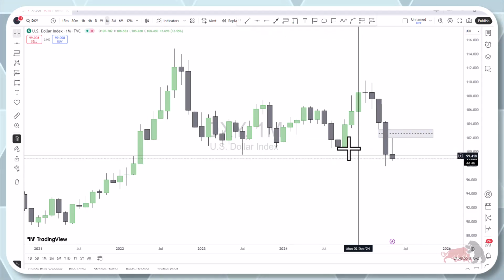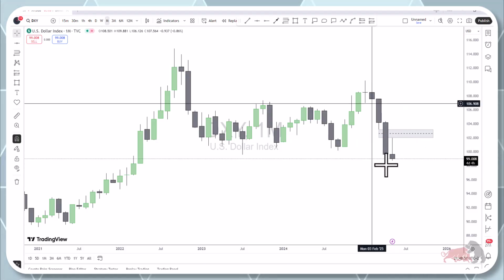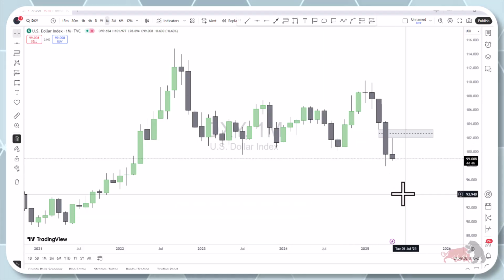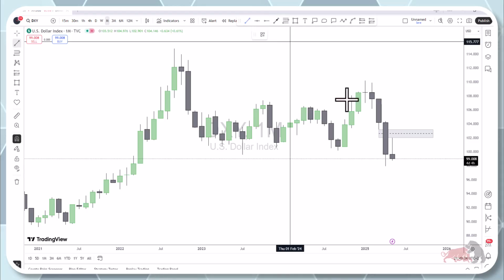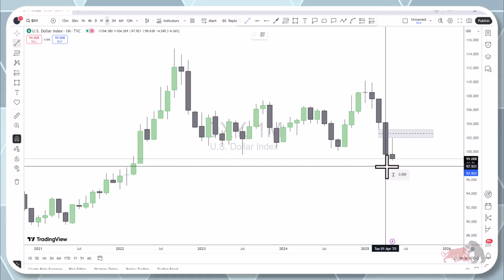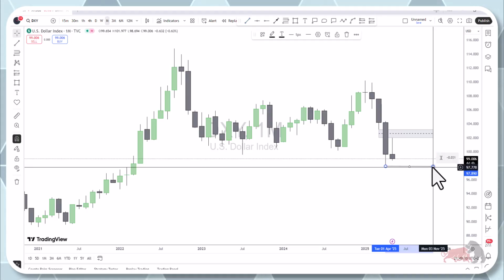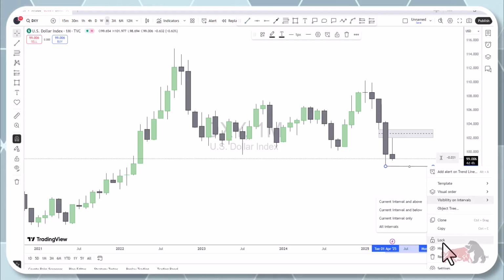This is on the monthly chart, but take note also of the high of the current month. Then we've got previous month low, which is the lows of April.